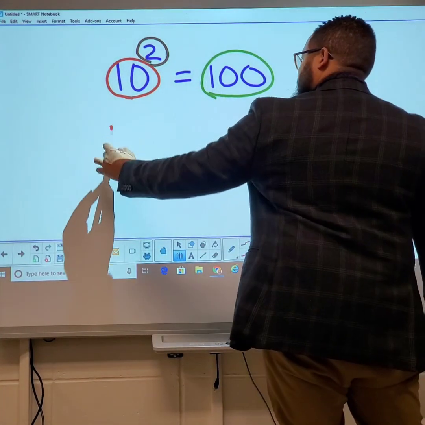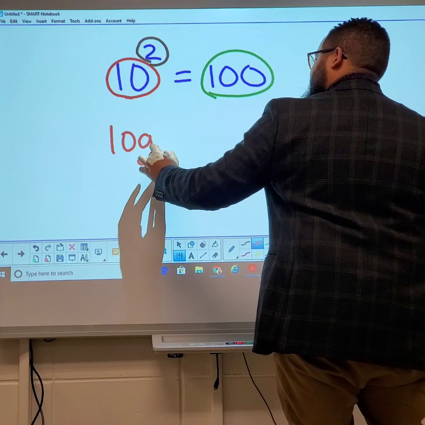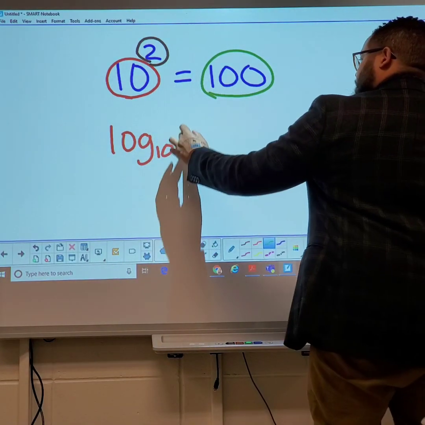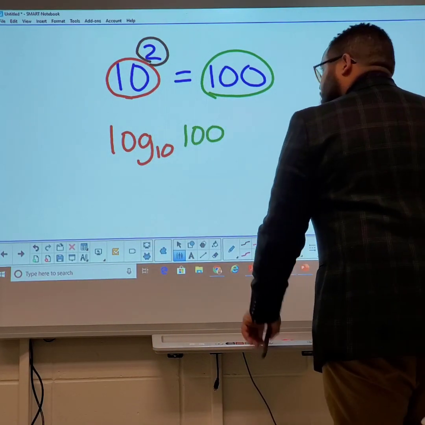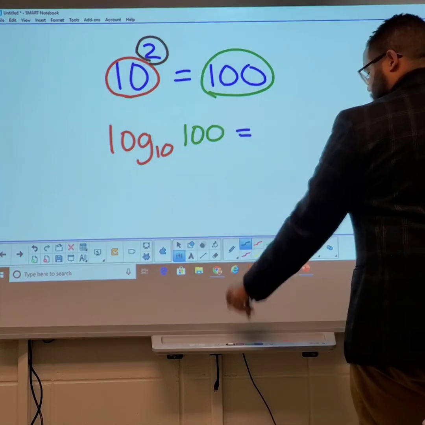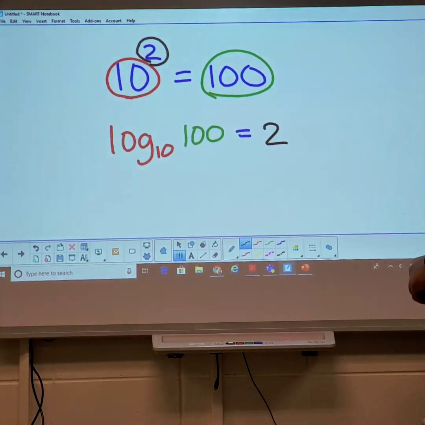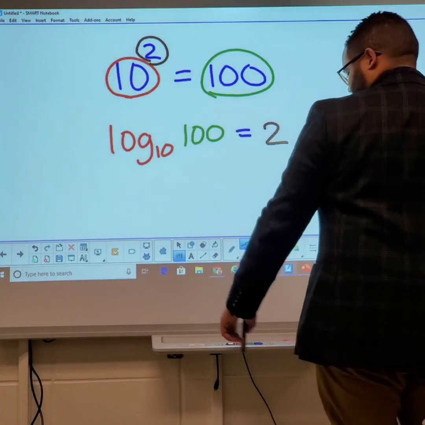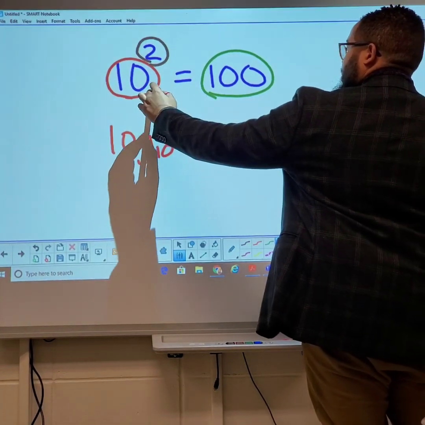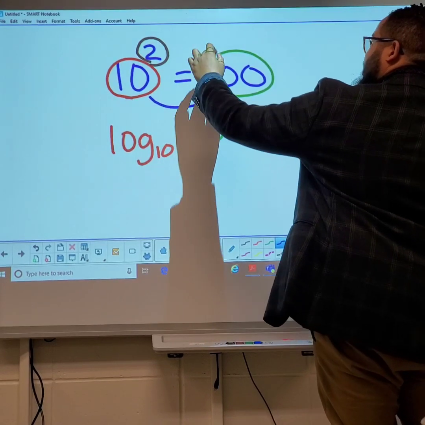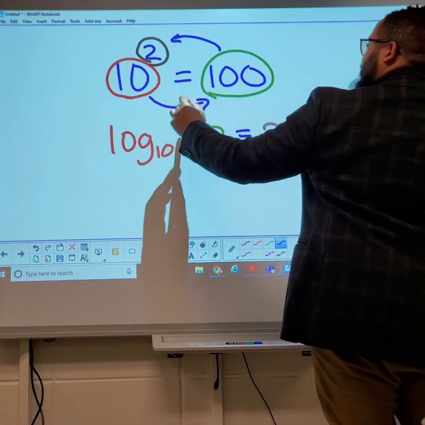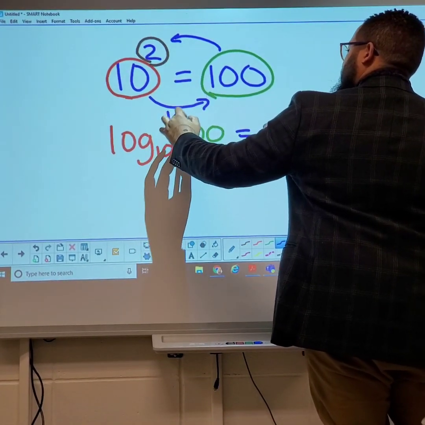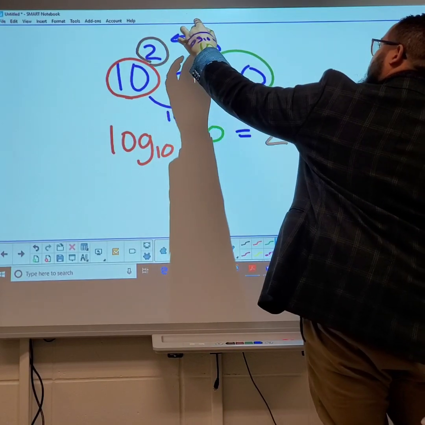So it'd be log base 10 of 100 equals 2. You go from the 10 to the 100. It's always the same.